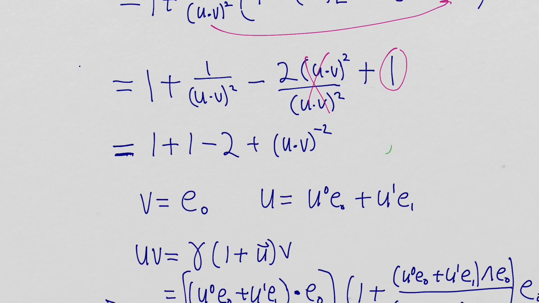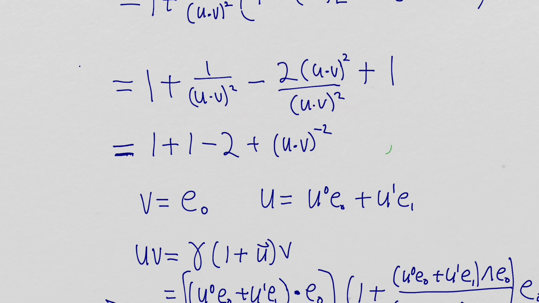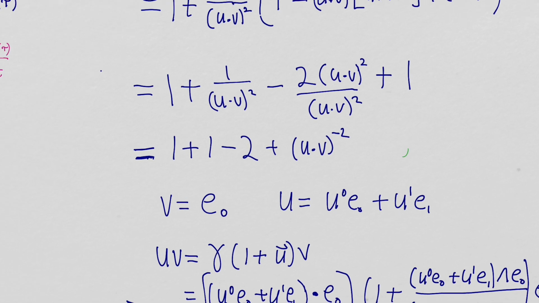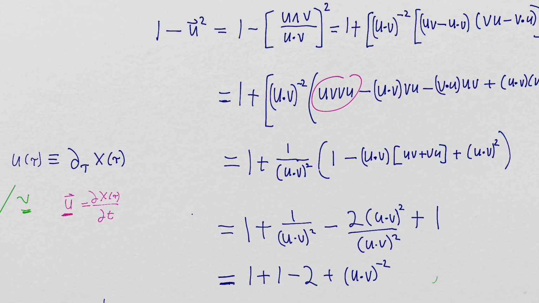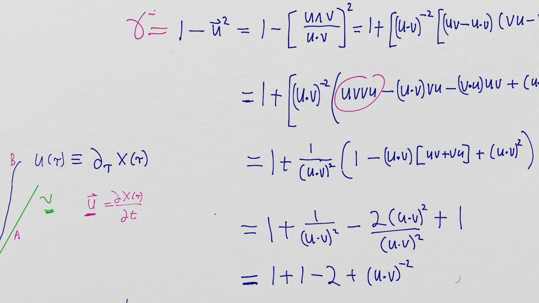So you combine everything together, you get 1 plus 1 minus 2 plus 1 over (u dot v) squared, which is this expression right below. And now all this stuff cancels, of course, and you just end up with (u dot v) to the minus 2. So I guess ultimately I should be writing down, right, this is 1 minus u dot v, but that is equal to gamma to the minus 2.